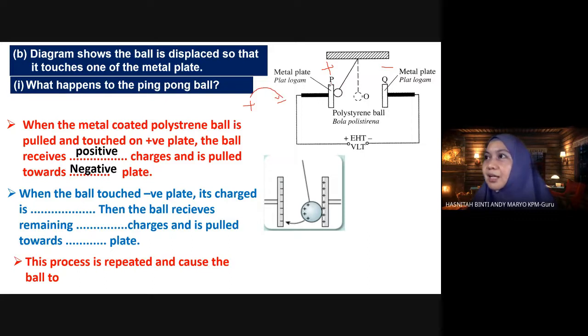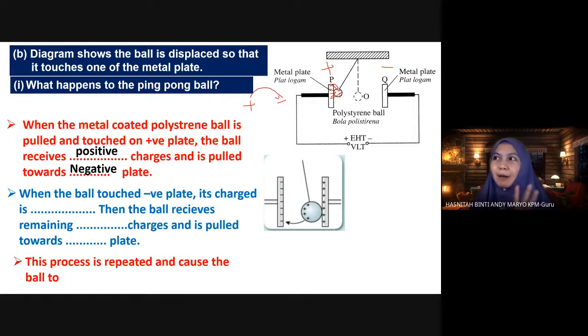So the charge will flow to this ball and neutralize the negative charge on this ball, which means now this ball is 100% positively charged. The positive charges from metal plate P jump into the ball and neutralize all the negative charges on the ball, so it becomes totally positively charged.